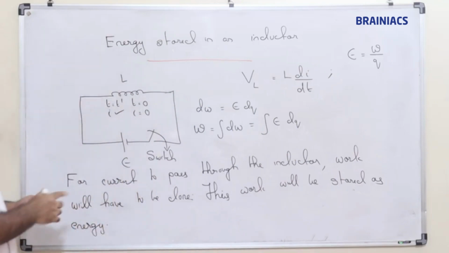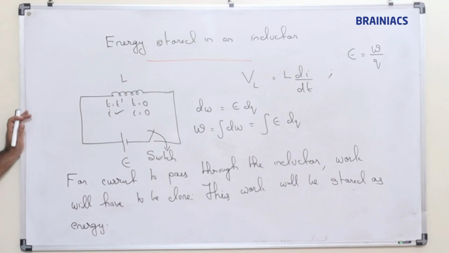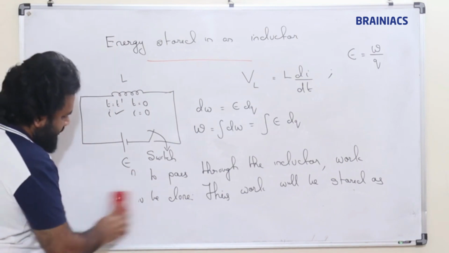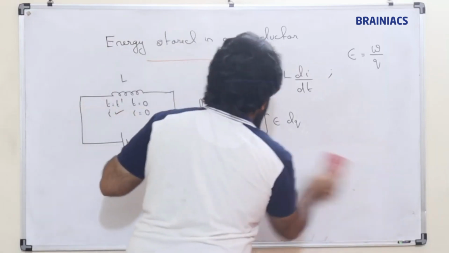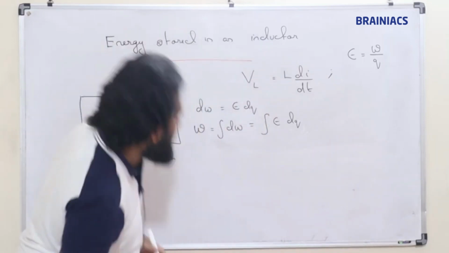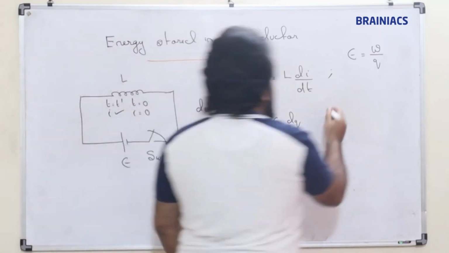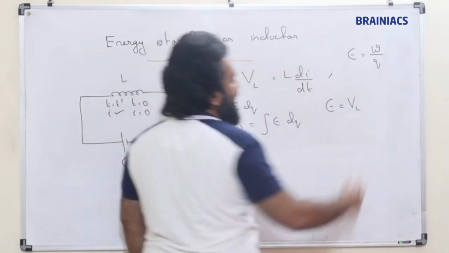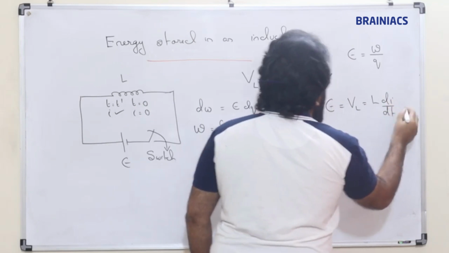If you have copied this, shall I erase this? Please pause the screen and note it down. Okay, so this E will be dropped here. This E is nothing but VL, which is the same as L di by dt.